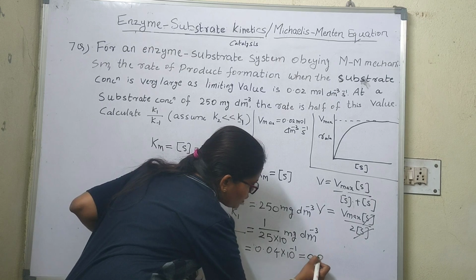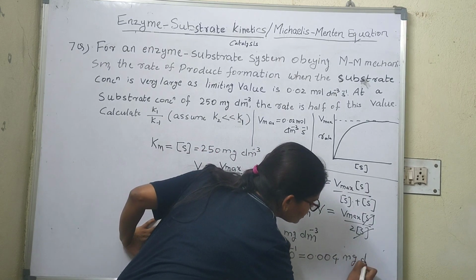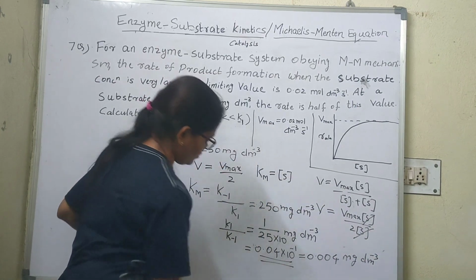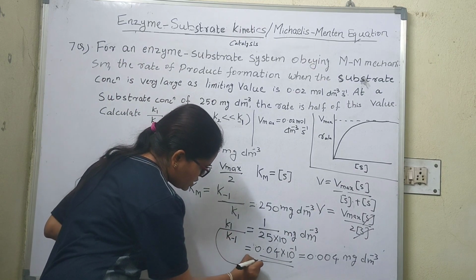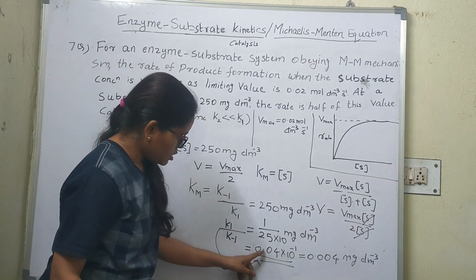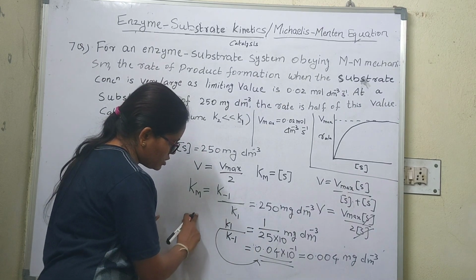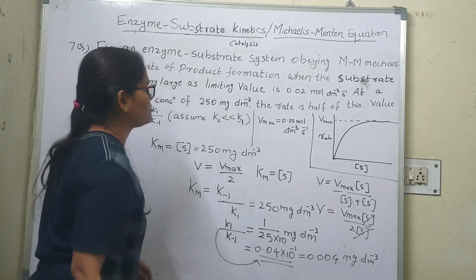So that will be 0.004 milligrams into decimeter cube. 1 over 25 is 0.04, since 25 fours are 100.